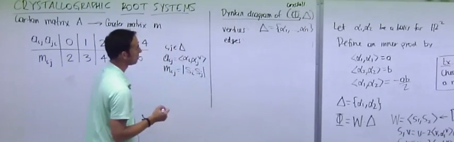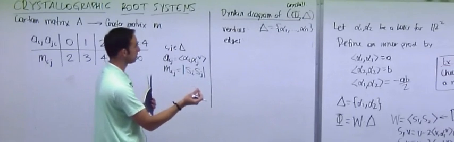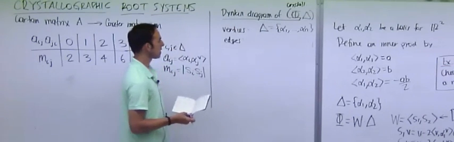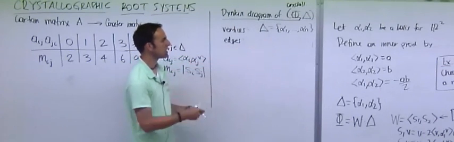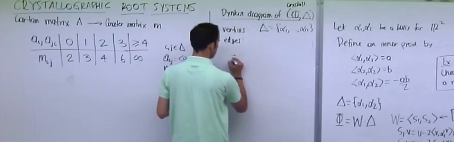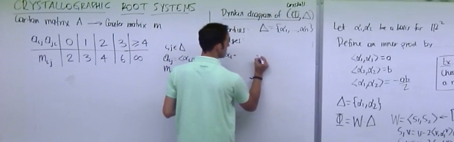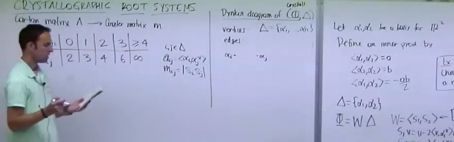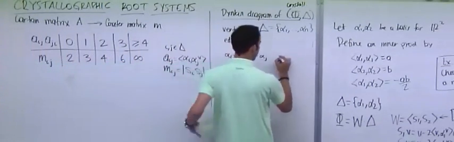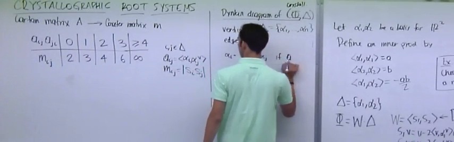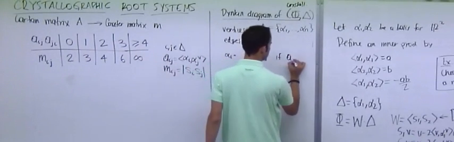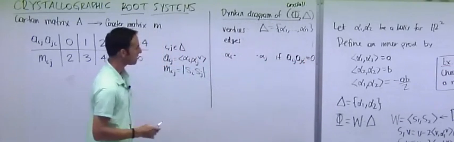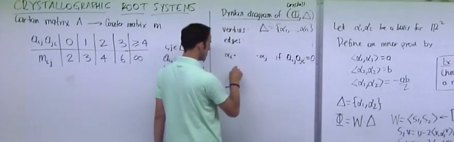So basically I have to tell you for each pair of vertices. So the Dynkin diagram is a graph with labels on it. So what's the graph? The vertices are the simple roots, and the edges, I have to basically tell you for each alpha i and alpha j, do I put an edge there or not? Okay. Well, there are several cases. What I do depends on this table. So if Aij Aji is 0, then I don't put an edge.